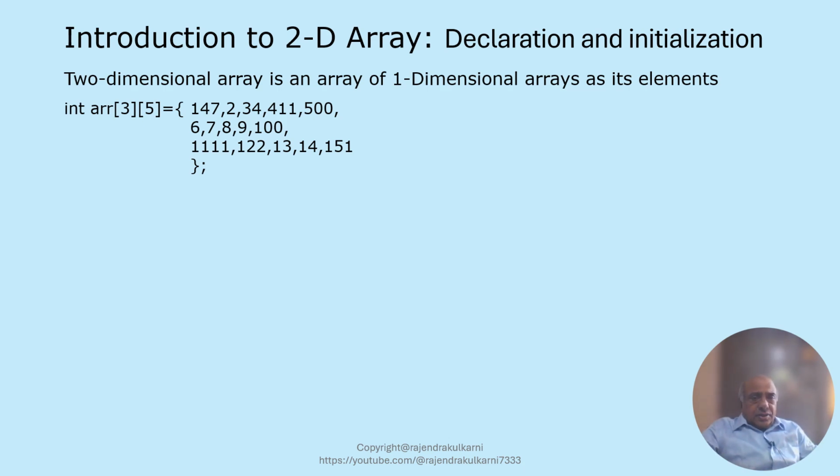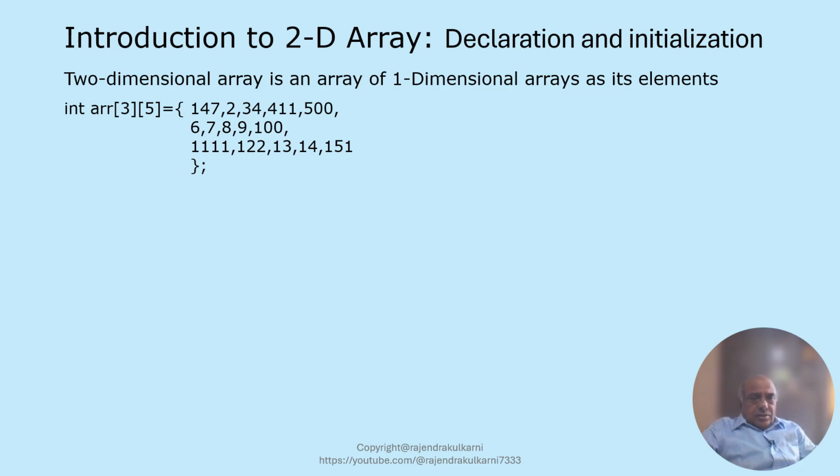Let us see in this: int arr, first subscript 3, second subscript 5, and then there is a sign of equal to, and within the two curly braces we mention the data that we want to assign to this 2D array.